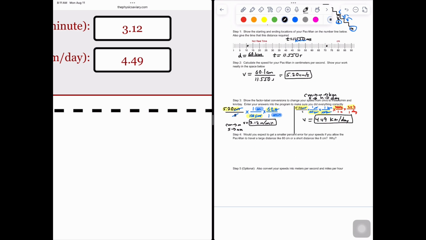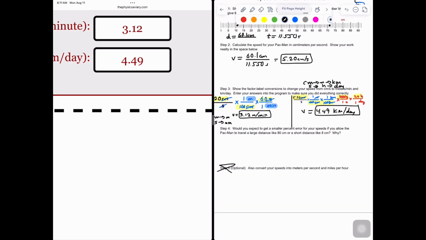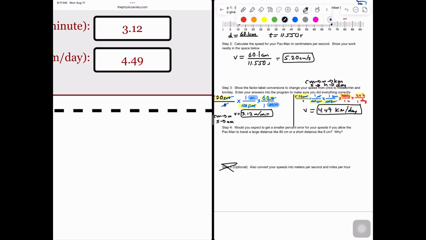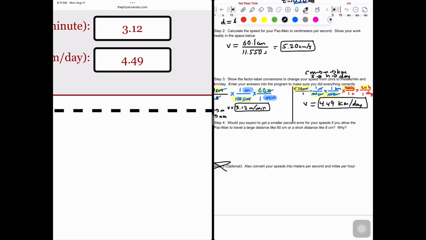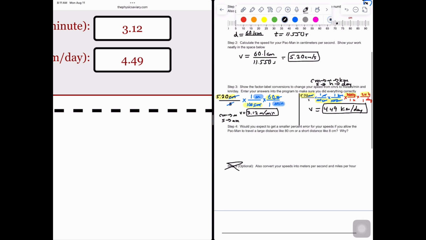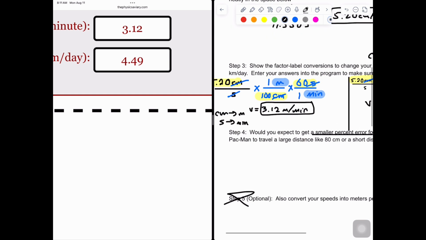Now in step 4, we're not doing step 5, but in step 4, would you expect to get a smaller percent error for your speeds if you allow Pac-Man to travel a larger distance like 80 as opposed to a short distance like 8? Well, here's the thing. Yes, you would expect a smaller percent error.